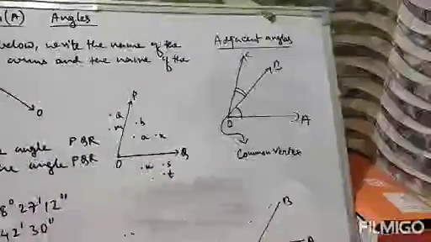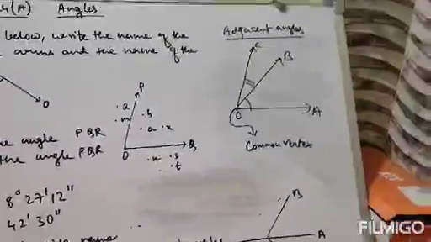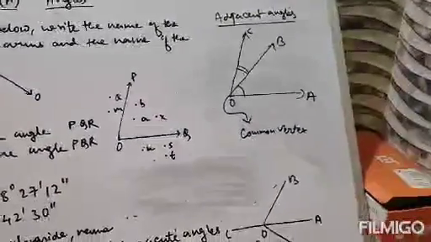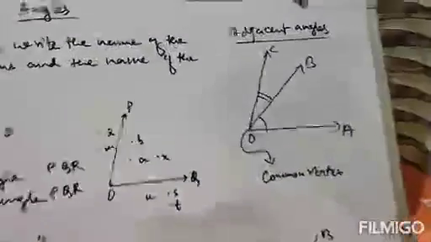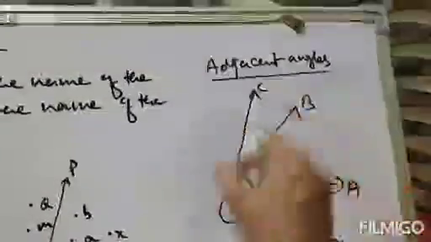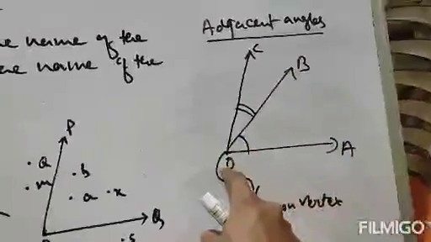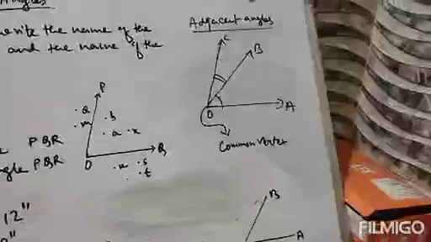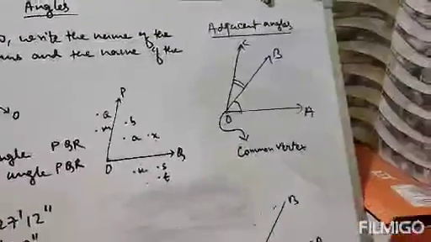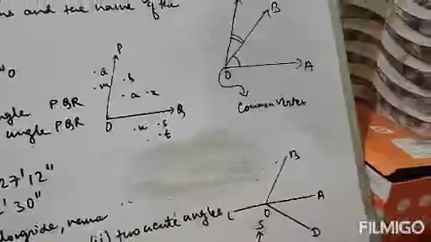Here OA, OB and OC, 3 rays are there, and one common vertex should be present. Here the common vertex is O.